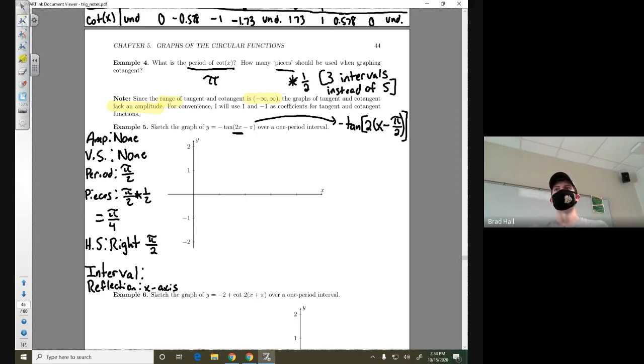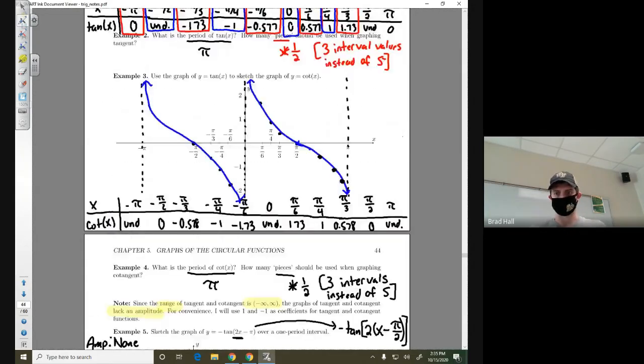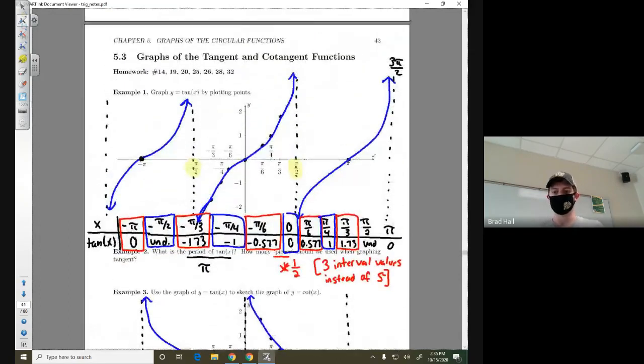The interval values, okay, this is where it gets weird. Because tangent starts at 0, it has a point at the origin, that means the asymptotes will be to the left of that starting value and to the right of that starting value.